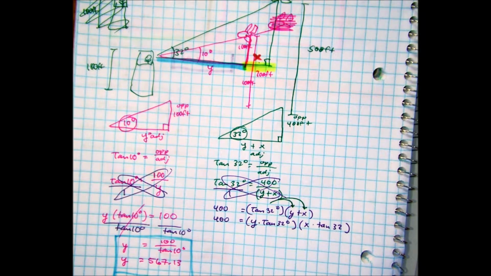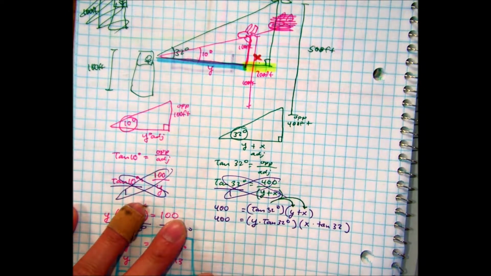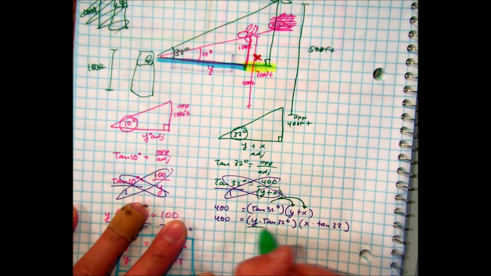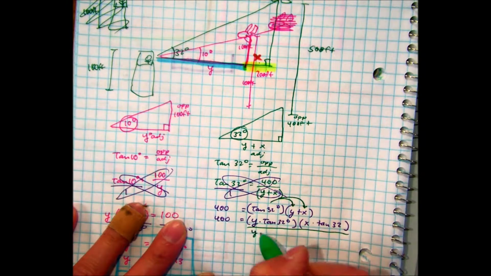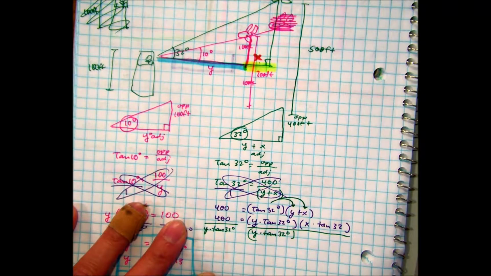Class, what variable are we trying to solve for? Alright, so let's get this x by itself. So I'm going to move this y variable to the left side. So I'm going to divide both sides by y tangent of 32. These will cancel.